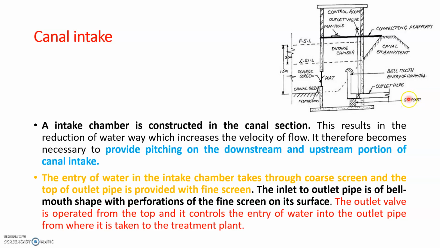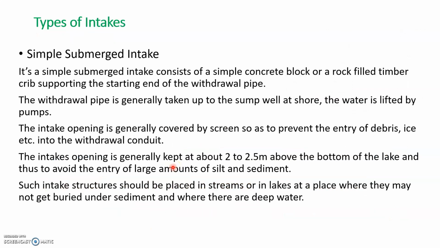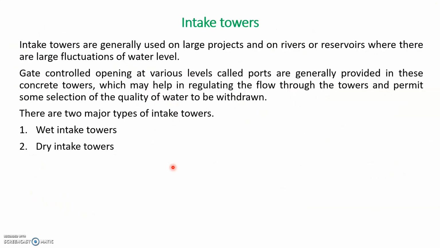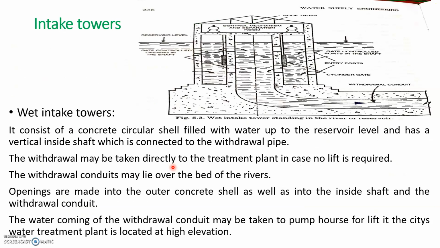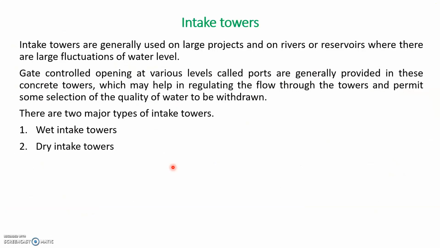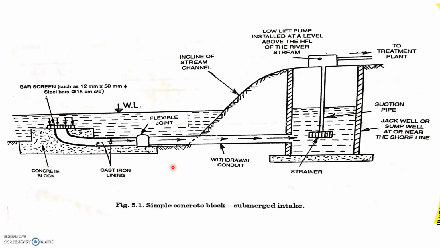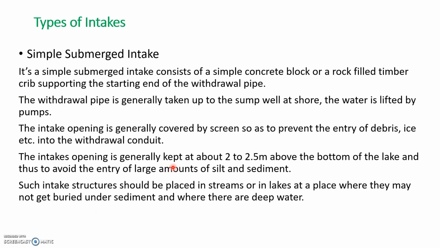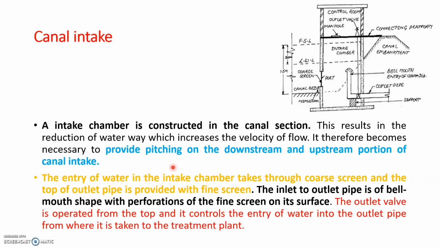Okay, so these are the 4 types, and again there are majorly 2 types. In that we have dry intake towers and wet intake towers, about which I will share the video in the second half.